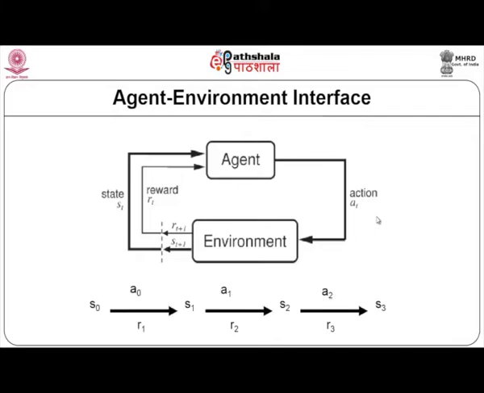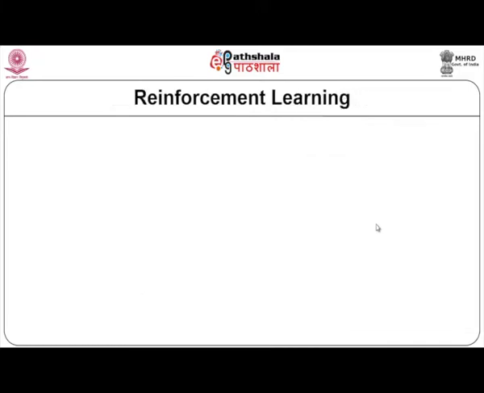So, S naught, take an action A naught, get the reward R1, go to S1, take the action A1, get the reward R2 because you have reached S2, on S2 take A2, reach S3 and get the reward R3. Getting this reward and reaching the state are almost simultaneous. So, S naught, A naught, R1, S1, A1, R2, S2, A2, R3, S3. So, this is the sequence of actions that will happen.